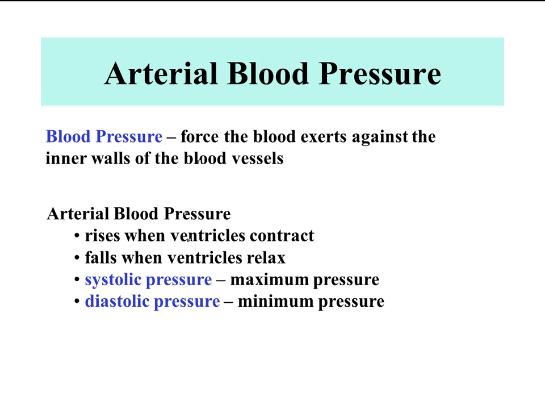I have other videos available to you on how to take a blood pressure. But putting that blood pressure cuff on over the brachial artery and pumping it up, there is a gauge that is watched, and the gauge is going to help to measure the systolic pressure and the diastolic pressure.